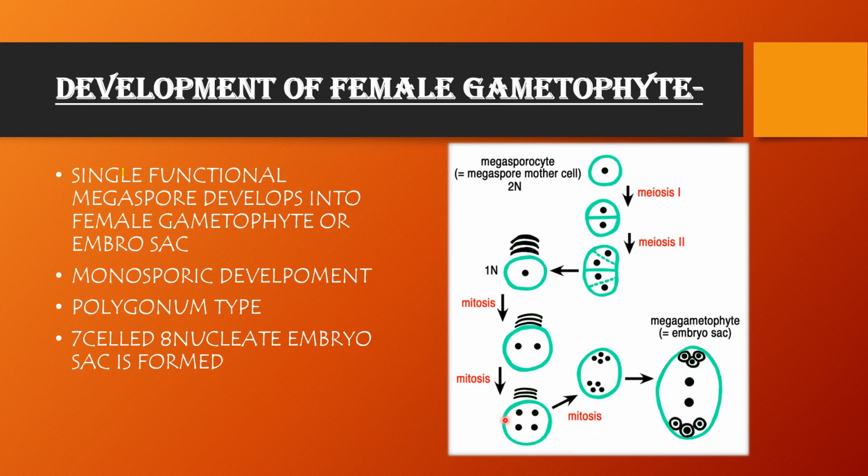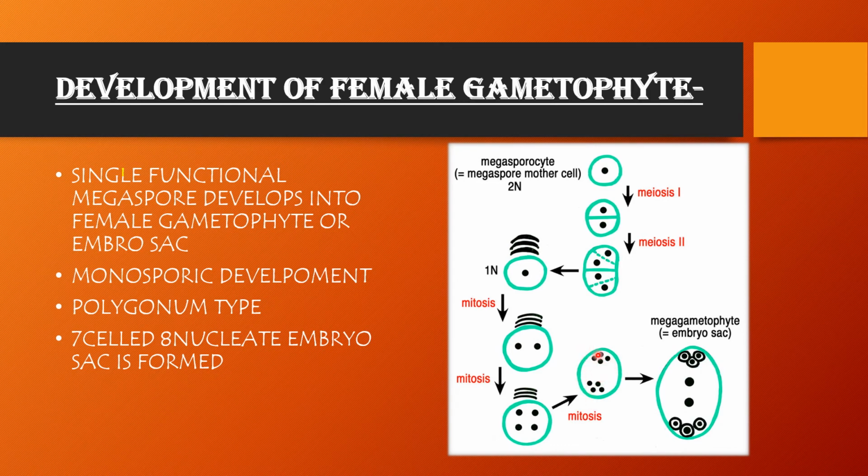And again these 4 nuclei perform one more mitosis and form an 8-nucleate structure. When the structure has 8 nuclei, there is development of cytoplasm and a cytoplasmic wall around such nuclei.